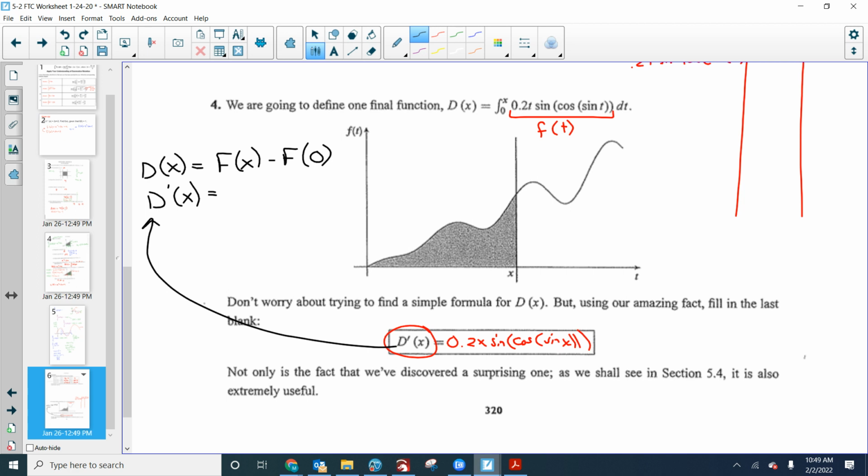What's the derivative of capital F of x? Little f. What's the derivative of capital F of 0? Careful. Antiderivative, capital F. Plug in 0. What are you going to get out? A number. What's the derivative of a constant? 0. So capital D prime.